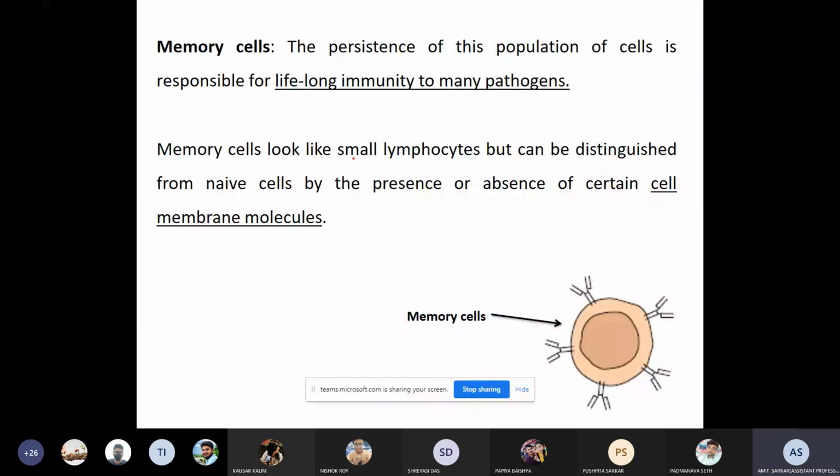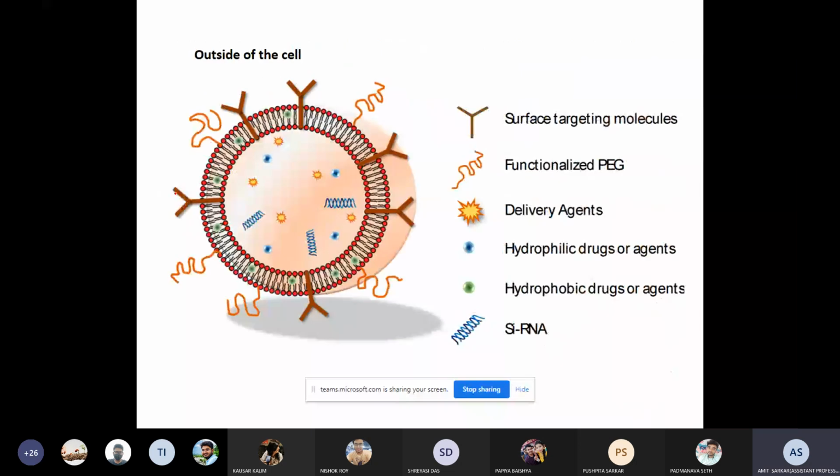So as we described before, this is our one cell, to take an example. We have different things inside the cell: nucleus, nucleic acids, etc., and different organelles: endoplasmic reticulum, Golgi bodies, mitochondria, ribosomes, etc. Now, outside, this is the membrane. We can see the double lipid layer membrane.